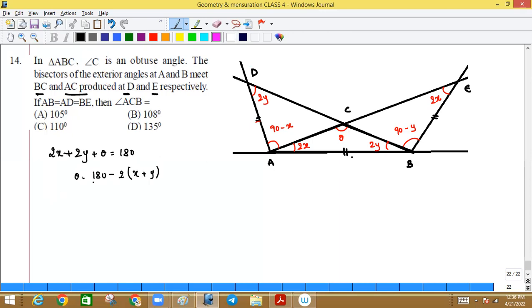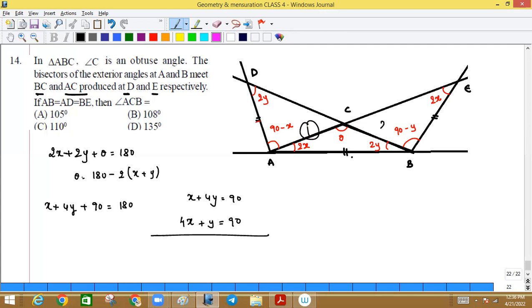Now, in the first one, you can say x plus 4y plus 90 is 180, which means x plus 4y is equal to 90. In the second one, if you look at it, 4x plus y is equal to 90. This is the first triangle. This one is the second triangle, right? Or else you can say this one is in ADB.